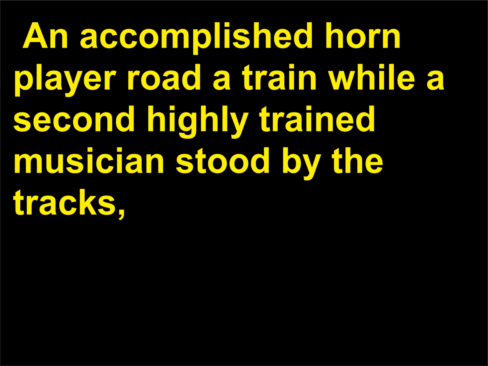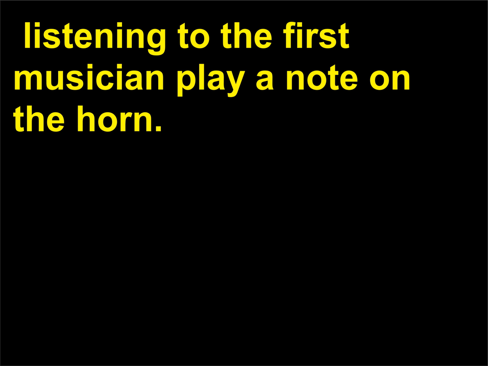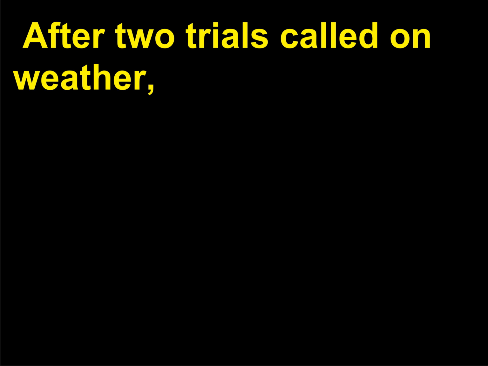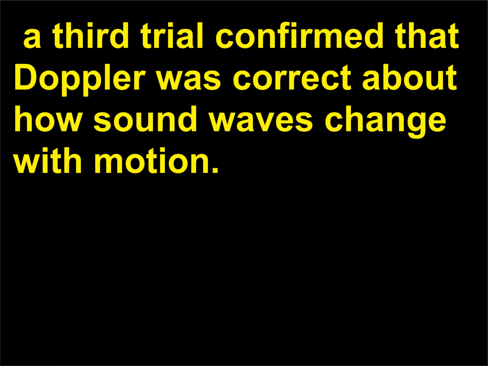An accomplished horn player rode a train while a second highly trained musician stood by the tracks, listening to the first musician play a note on the horn. After 2 trials, a third trial confirmed that Doppler was correct about how sound waves change with motion.